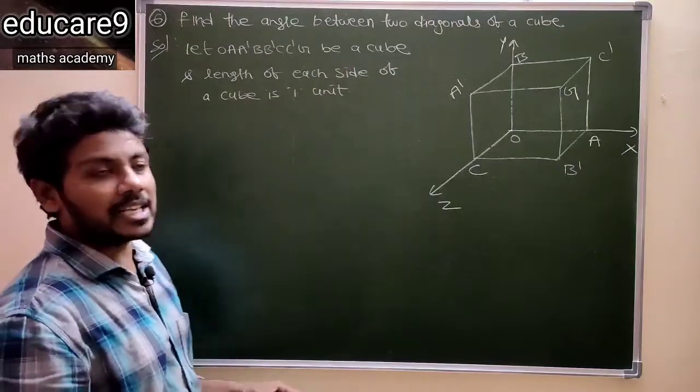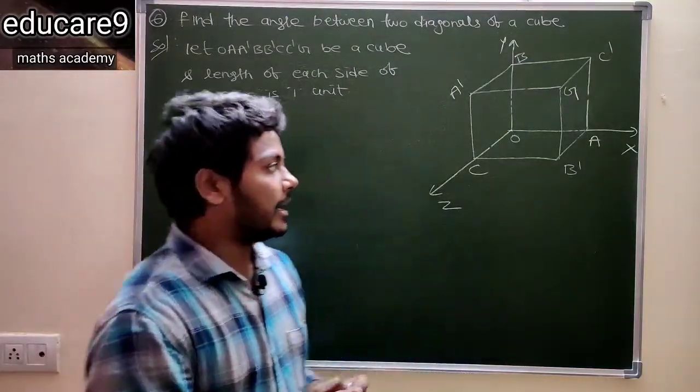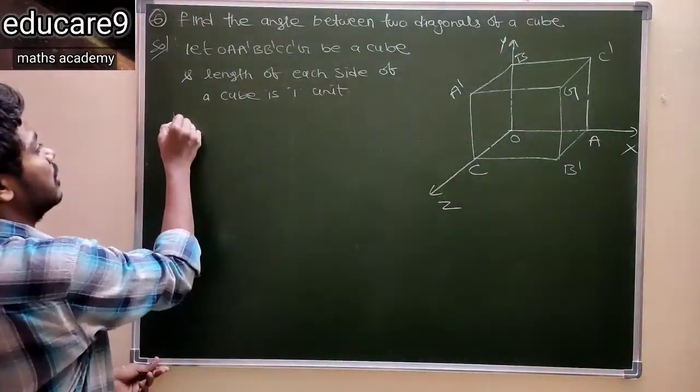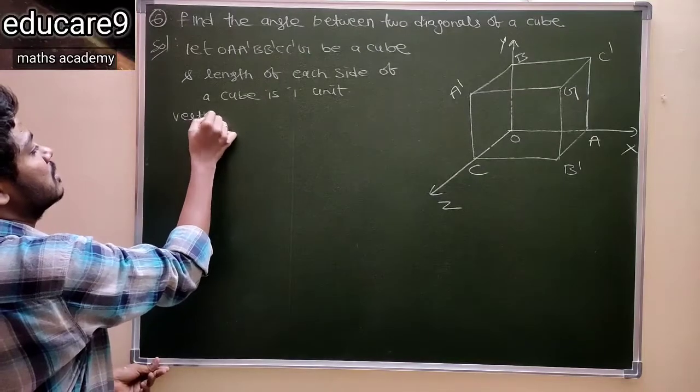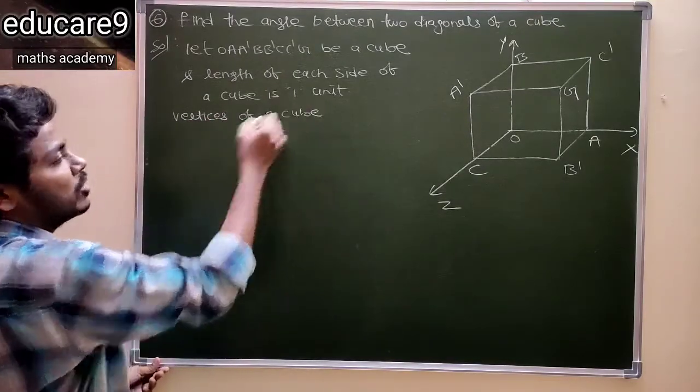We have to consider each length of the cube as 1 unit, and we have to write the vertices of the cube. See here, vertices of a cube. So what are the vertices?